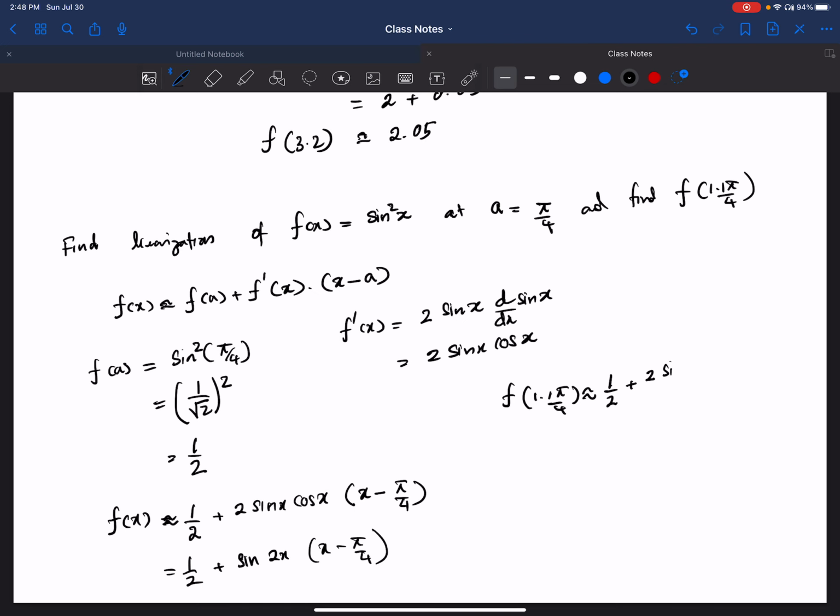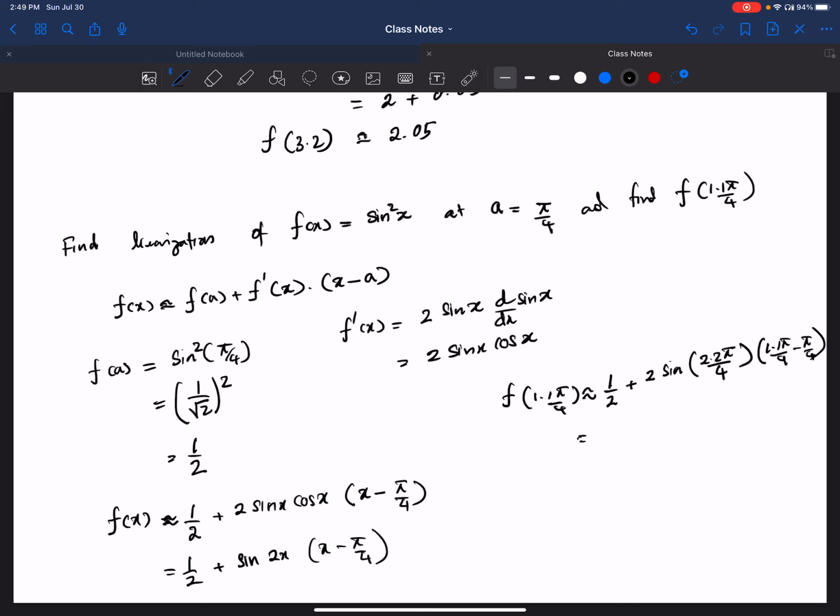Here 2x is 2.2 pi over 4, and x is equal to 1.1 pi over 4 minus pi over 4.